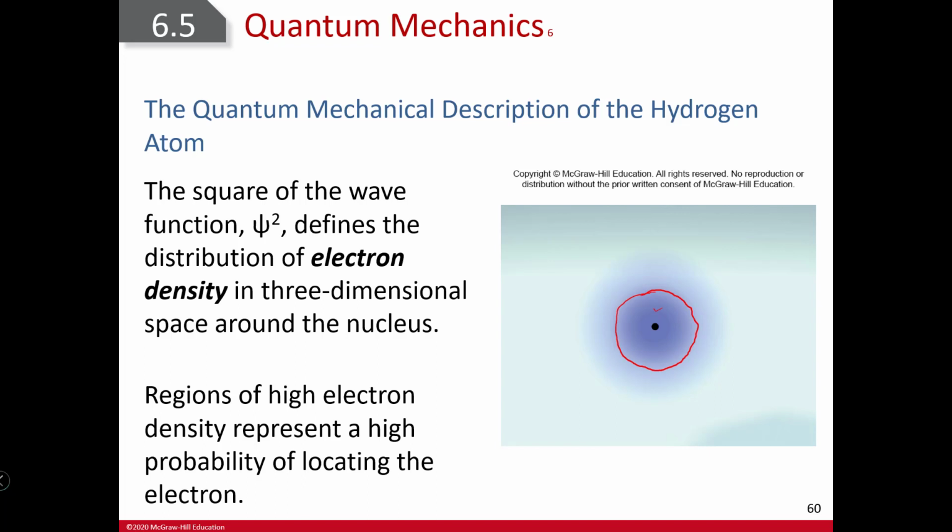Now, that is not an orbit. I want to stress this. This is really important. It's not an orbit. We're not saying that the electron is right here on this ring going around and around like Bohr's theory. We're saying the electron is somewhere in this volume 90% of the time, and the other 10% of the time it's out here somewhere. All right?